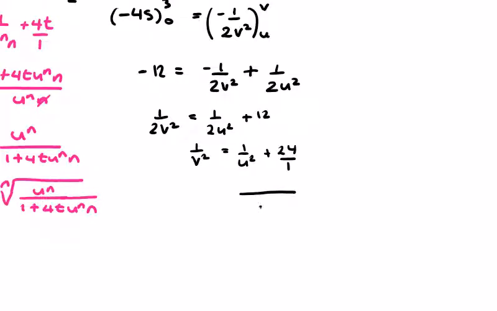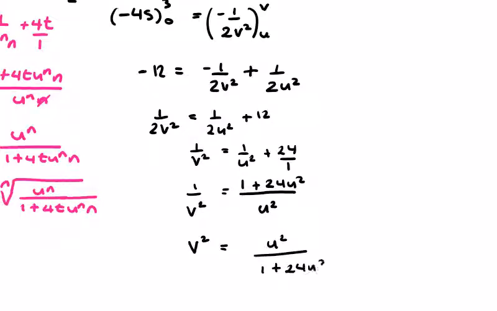I get u squared on the bottom, and on top 1 plus 24u squared, equals 1 over v squared. So v squared is equal to u squared over 1 plus 24u squared. So v is going to be the square root of u squared over 1 plus 24u squared.